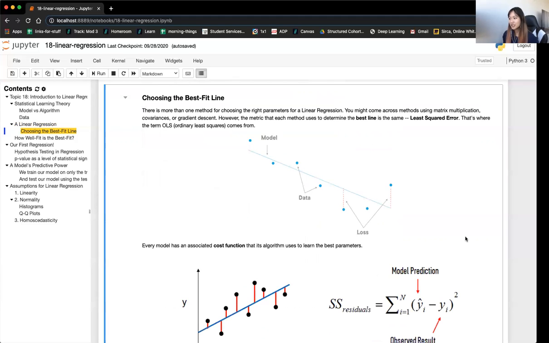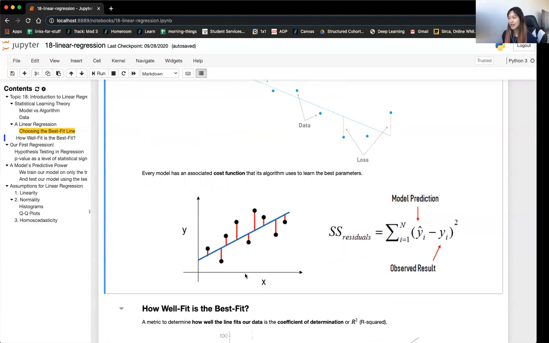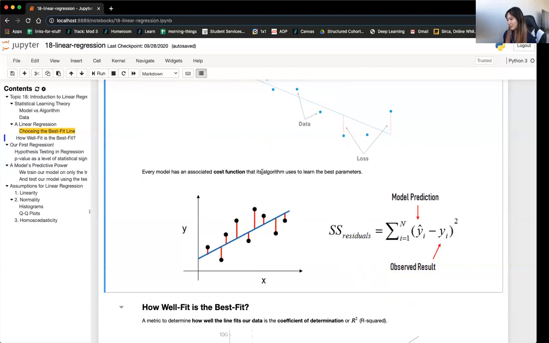And in a linear regression, it is decided that the cost function is the sum of squared residuals.